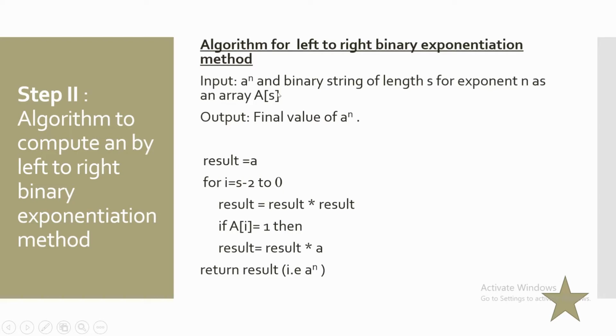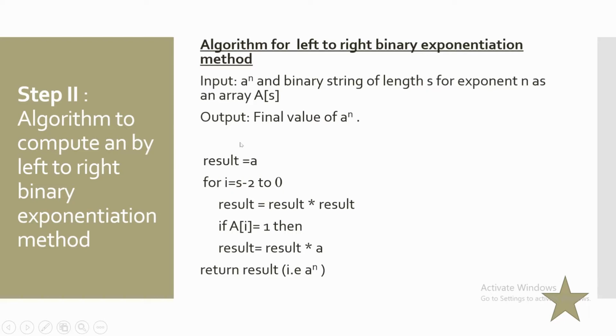So the array will contain 1, 0 and 1, right? So I have to find the value of a raised to power n. For that, s is the length of this array. If 5 is represented as binary, what will be the length? Length will be 3. So I am storing the length of the array in s, right?